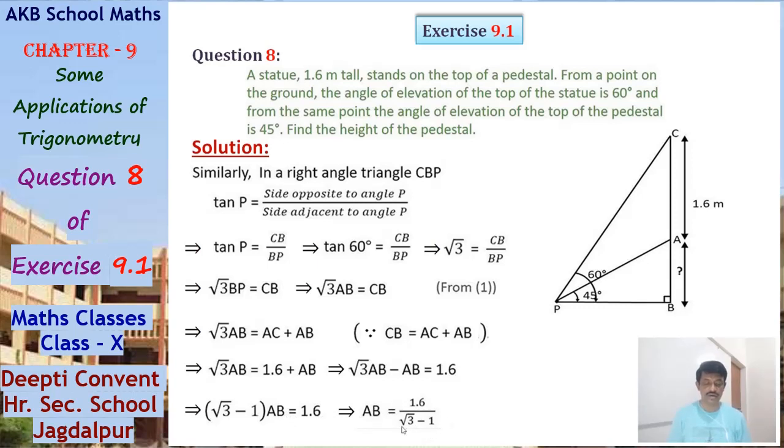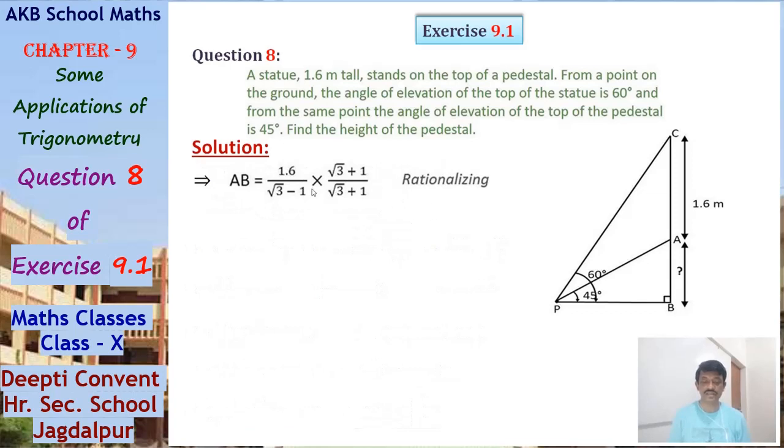Clear? The denominator contains a root sign, so we have to rationalize this. Multiply numerator and denominator by root 3 plus 1. In the denominator, (a minus b)(a plus b) equals a squared minus b squared, so root 3 squared minus 1 squared. The numerator is 1.6 into (root 3 plus 1).